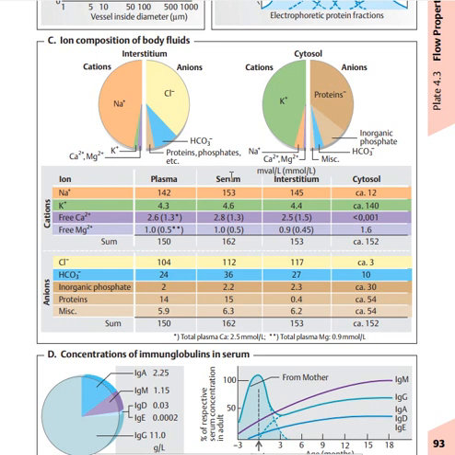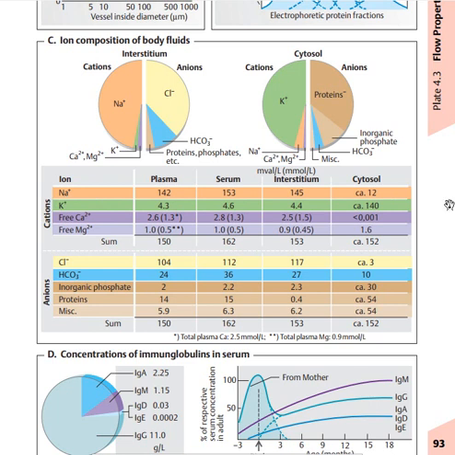So now we see that the serum has a smaller volume, so the concentration in serum for all these ions is normally going to be higher. So sodium we have 142 in the plasma, serum 153, interstitium 145, cytosol 12. Potassium is 4.3 inside the plasma, and inside the cell is 140.